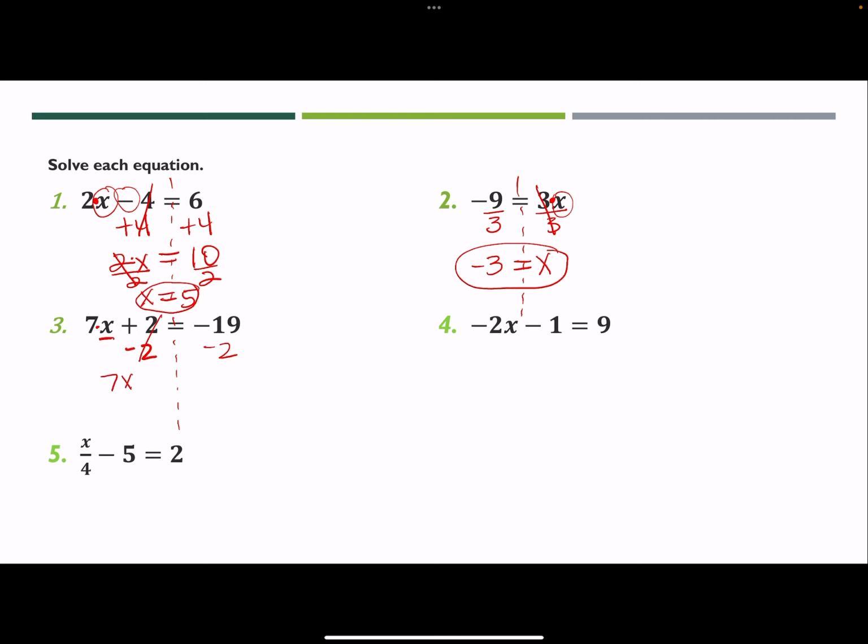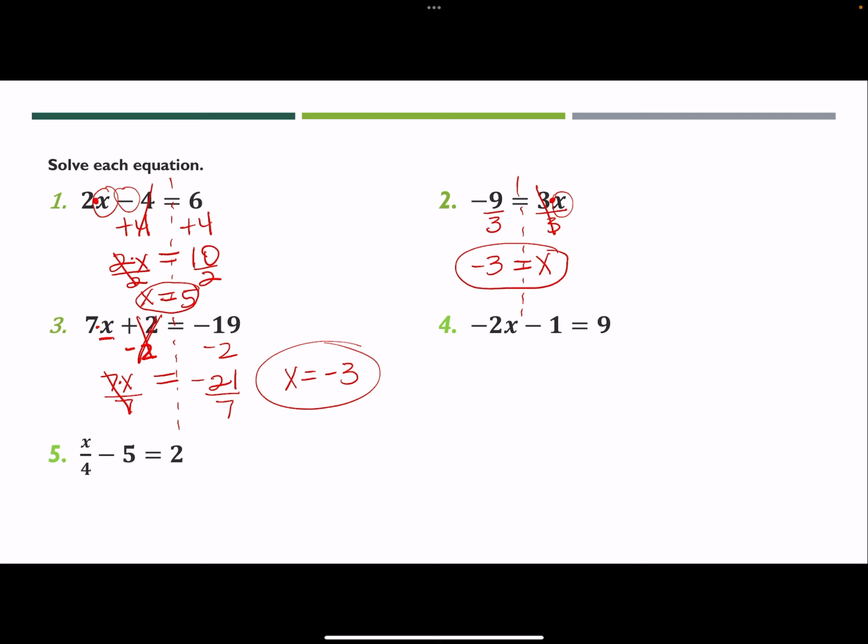So I have 7x equals negative 21. Because that 2 minus 2 is 0, or in other words, it cancels out. So now I just have 7x equals negative 21, and 7x means 7 times x. To undo multiplication, I'm going to divide. So 7 divided by 7 cancels out, and I have x equals negative 21 over 7, or negative 3.